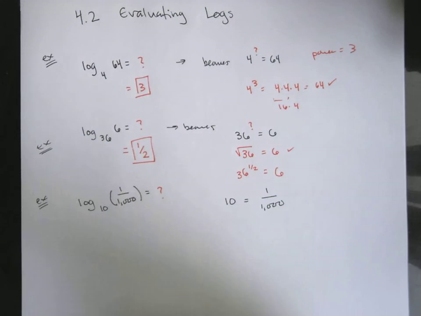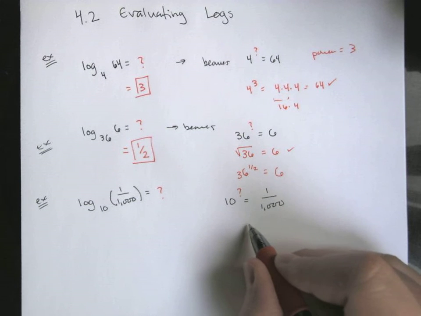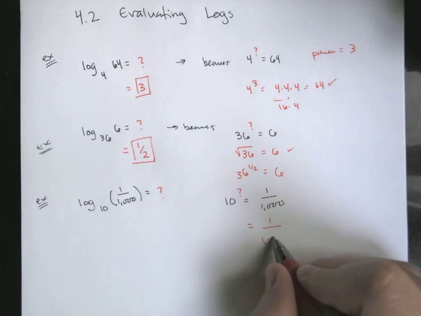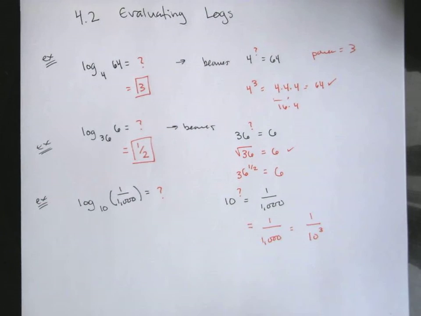We have to work through this little puzzle. 1,000 by itself is 10 cubed, so we have 1 over 10 to the 3. Now, that's 1 over 10 to the 3, not just 10 to the 3.